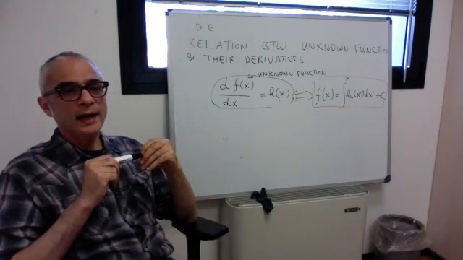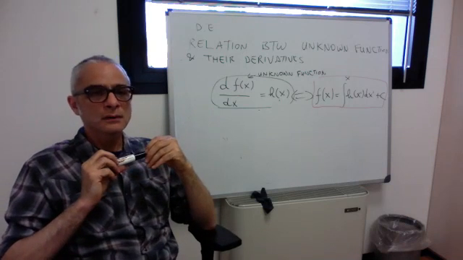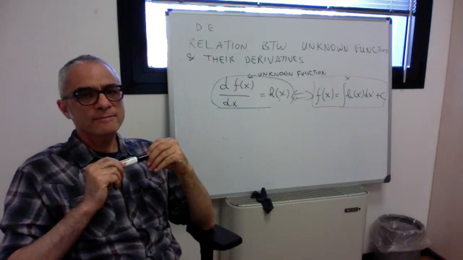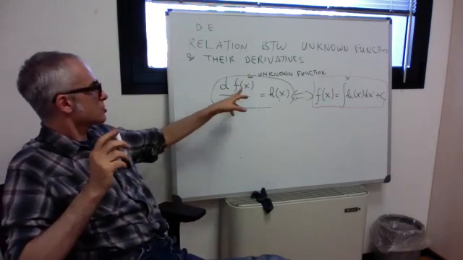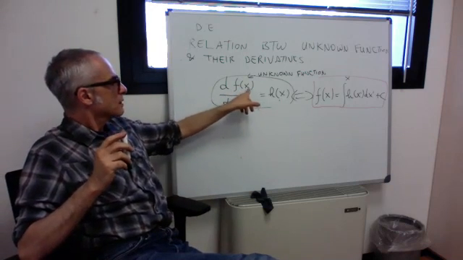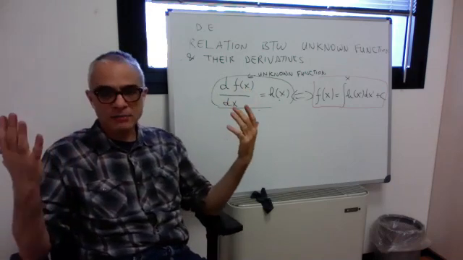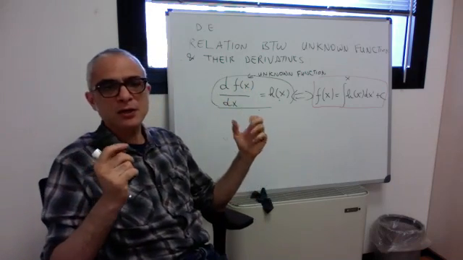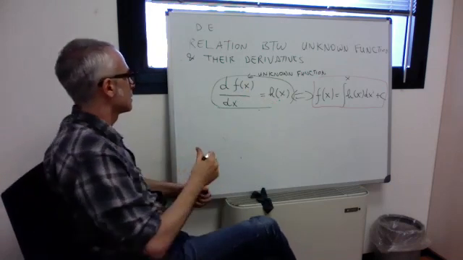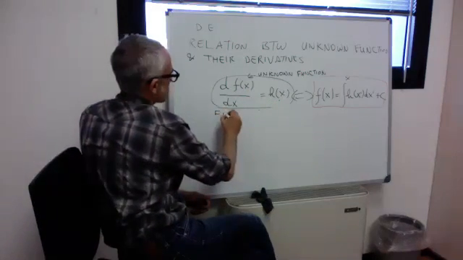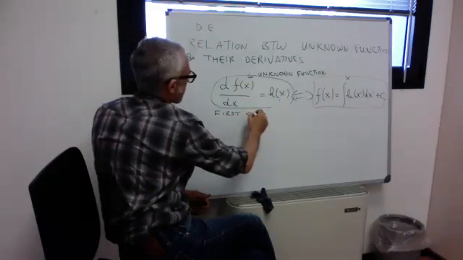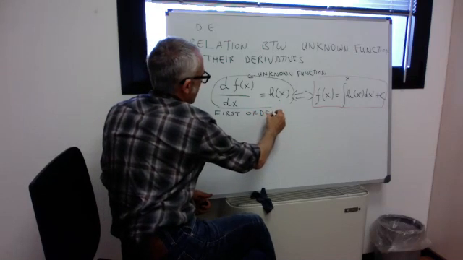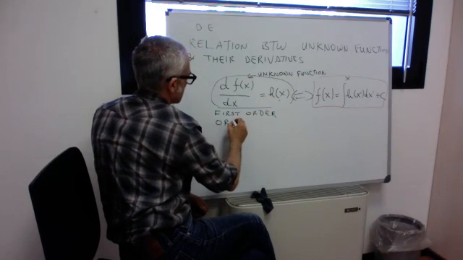What else? If the unknown functions that we deal with are functions only of one variable, we speak of an ordinary differential equation. So this is a differential equation of the first order, and it's ordinary.